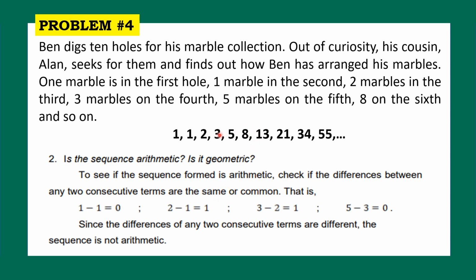The fourth and the third: 3 minus 2 is 1. And the fifth and the fourth: 5 minus 3 is 2. Since the differences of any two consecutive terms are different, we can say that this is not arithmetic.